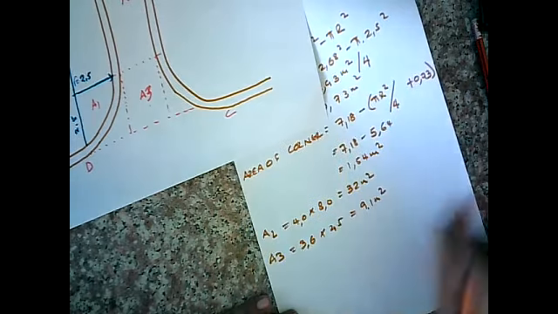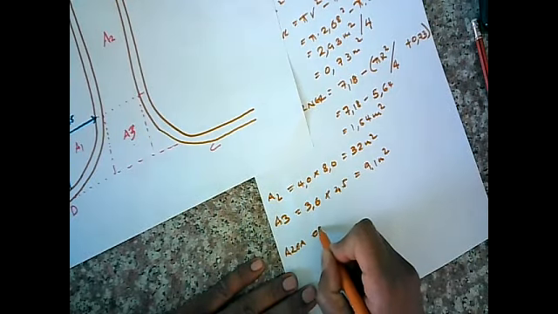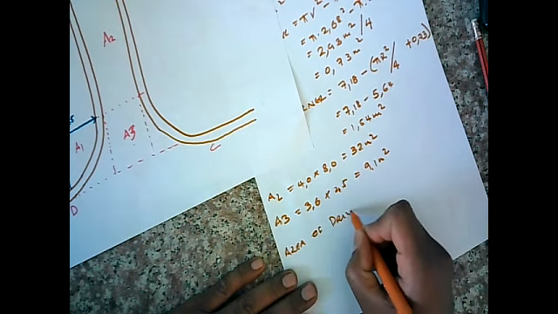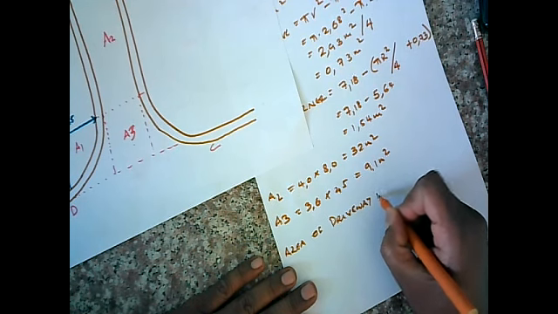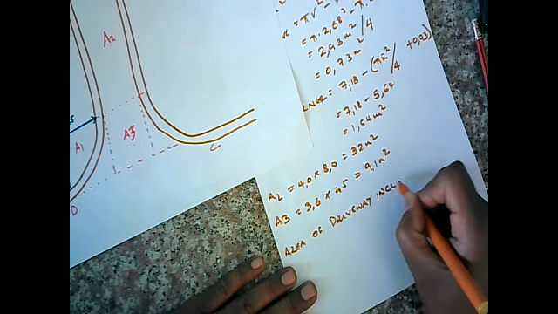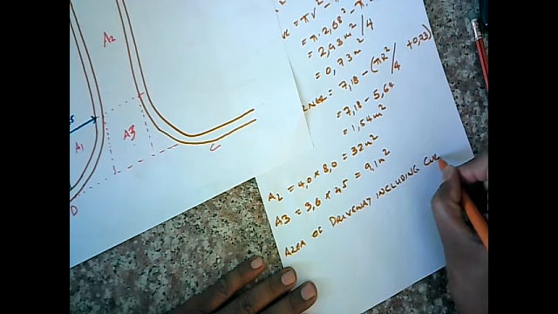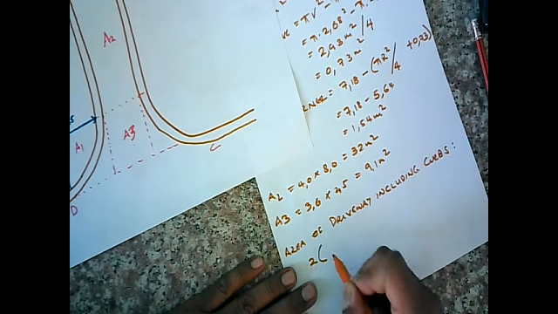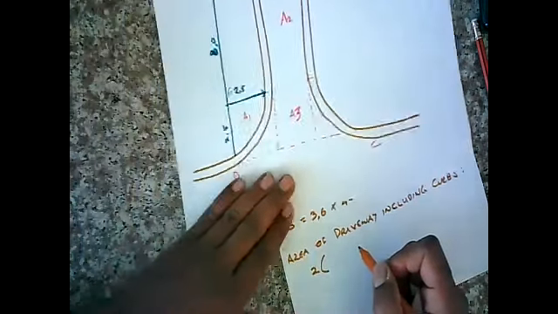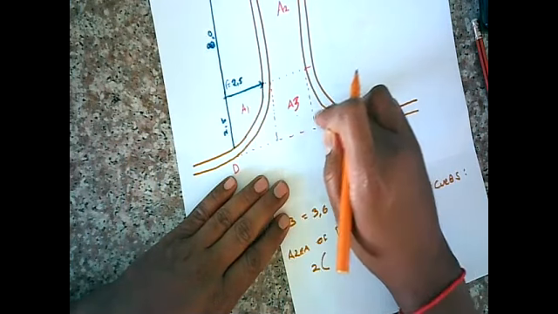So, area of driveway, including, now this is important, including curbs. Right, times 2, that plus that, because of that plus that.